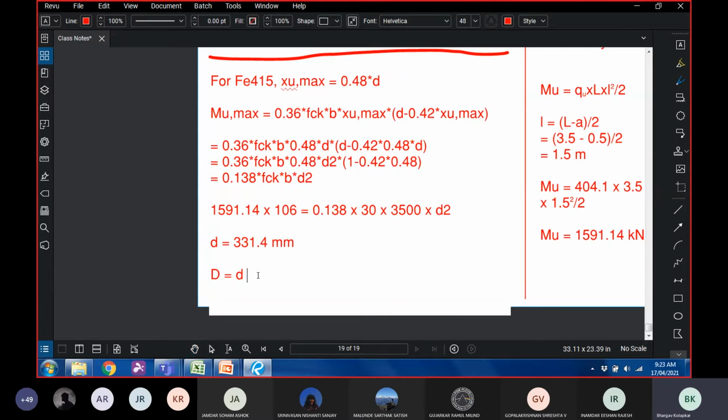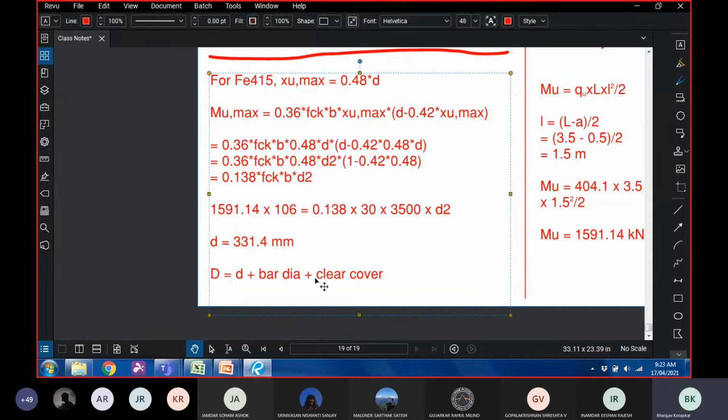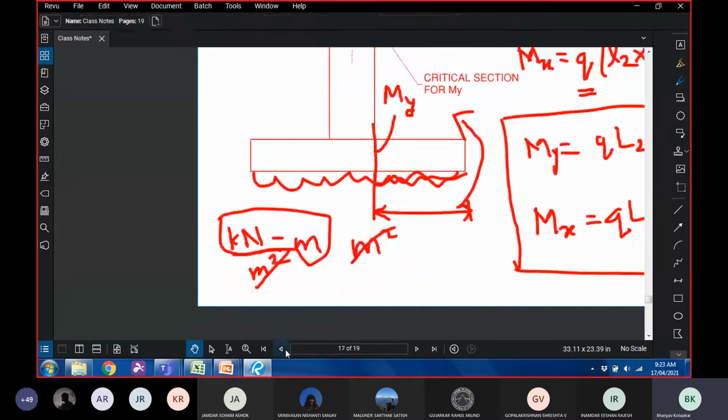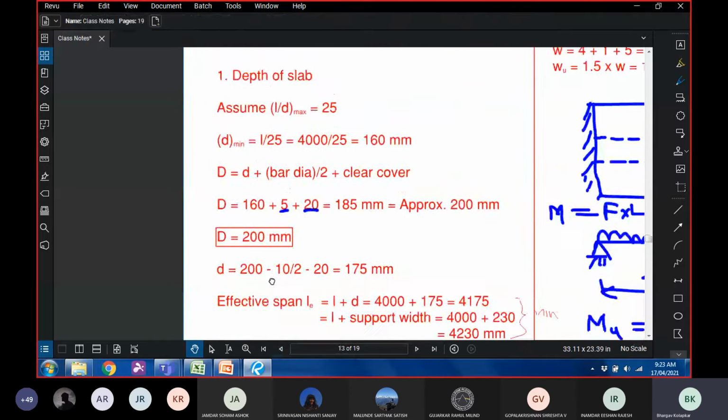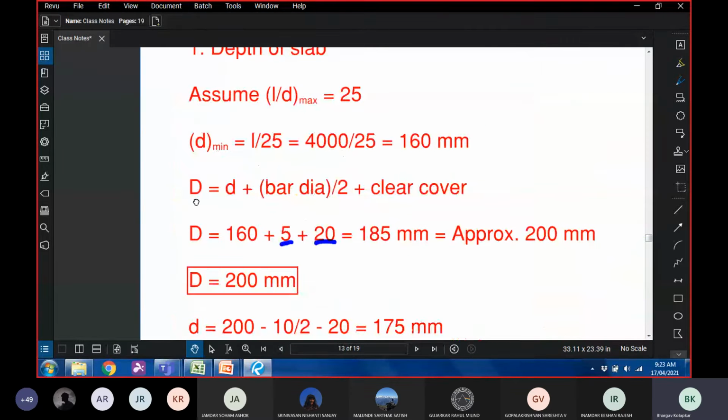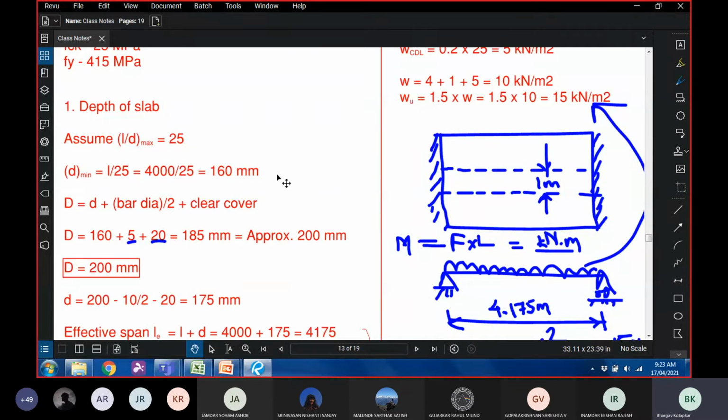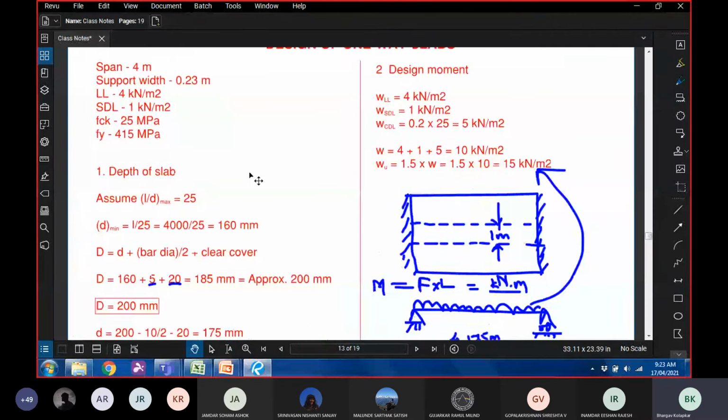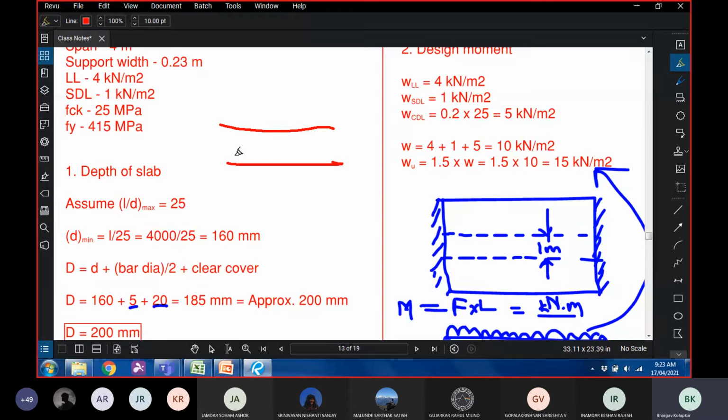So this is equal to d plus bar dia plus clear cover. Now you might wonder as to why I have taken bar dia and not bar diameter by 2 like I've taken in slabs. Here we said bar diameter by 2 because we designed a one-way slab, and in a one-way slab there's only reinforcement in one direction that is important to us.